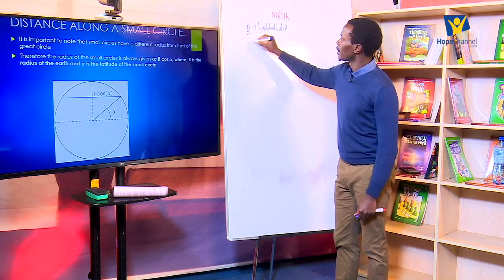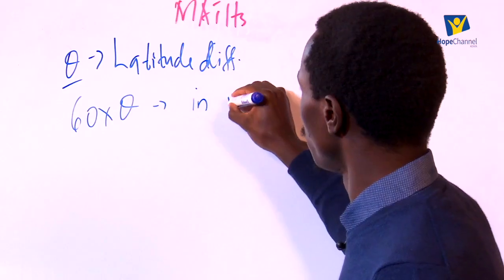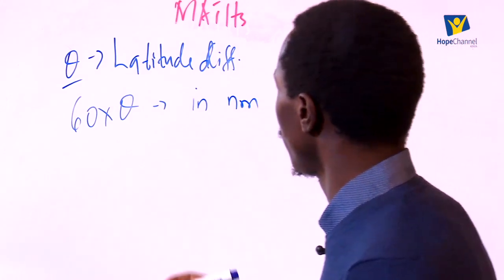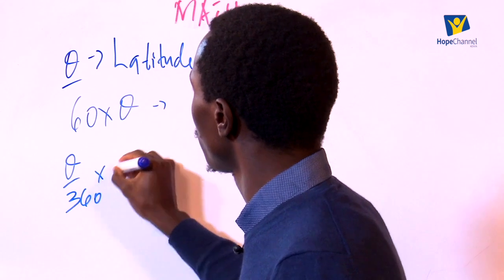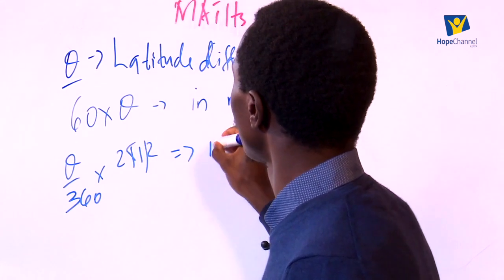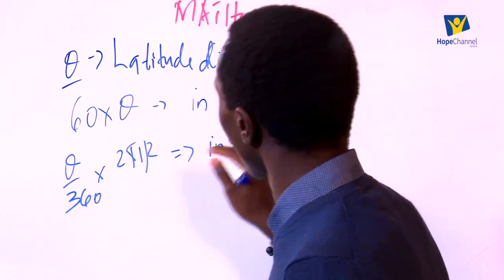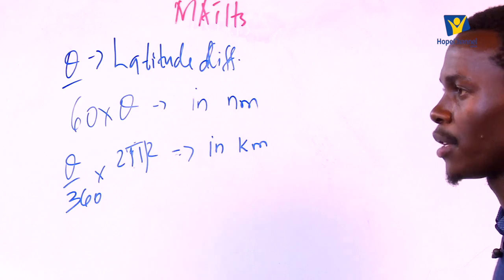And then use the formula 60 times theta to get the distance in nautical miles, and then use the formula theta over 360 multiplied by 2 pi r to get the distance in kilometers. That is what we discussed just before we went for a short break.